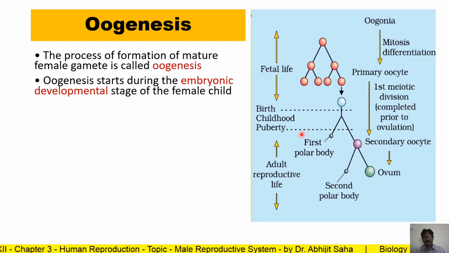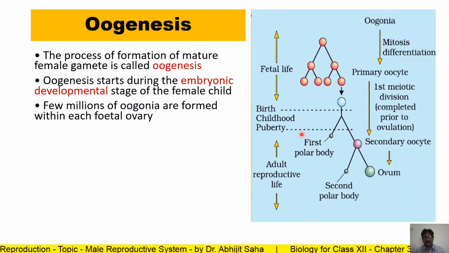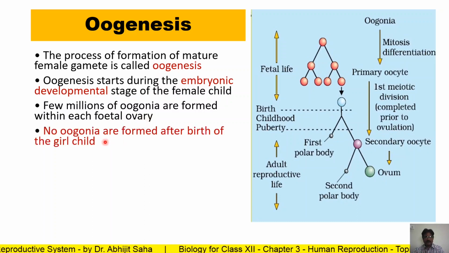That means oogenesis starts during the embryonic developmental stages of the female child. During that period, a few million oogonia are formed within each fetal ovary. Now this is very important: after the girl child is born, no more oogonia are formed.